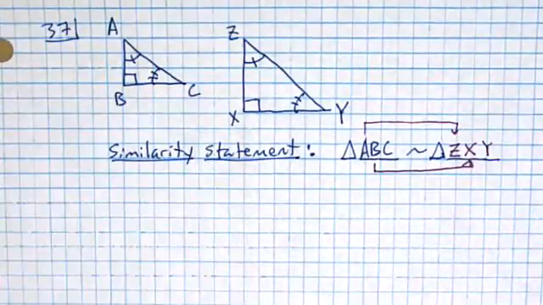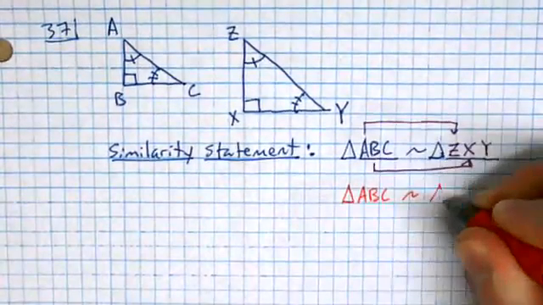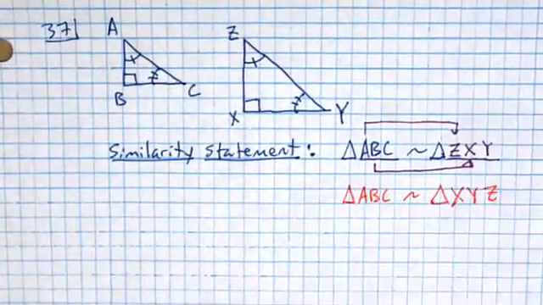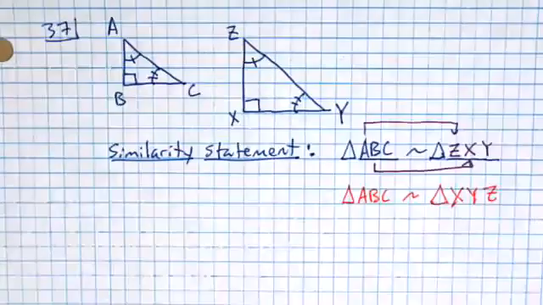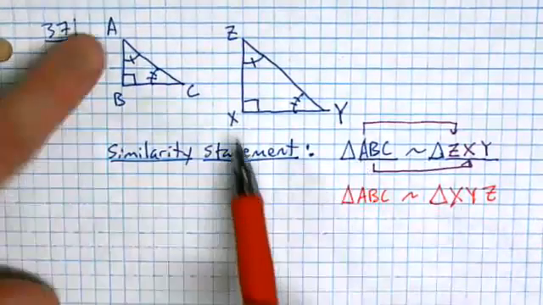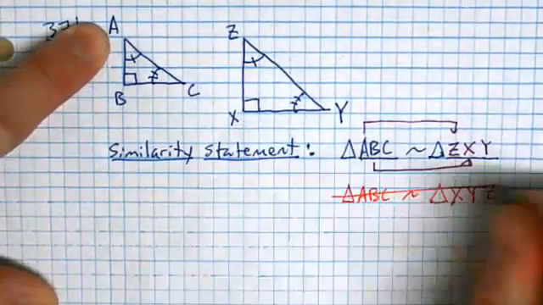Okay, so if I wrote this for an answer on a test, is that correct? No, because A does not match up with X. A and X are different parts of the triangle. So that's wrong.